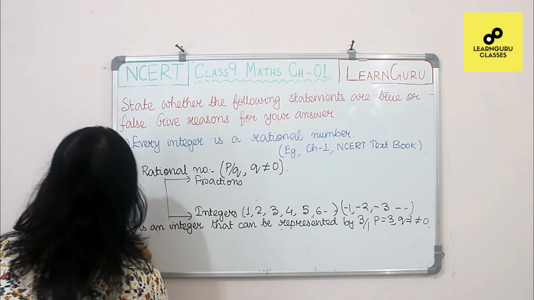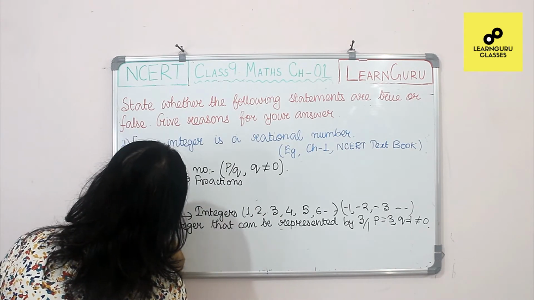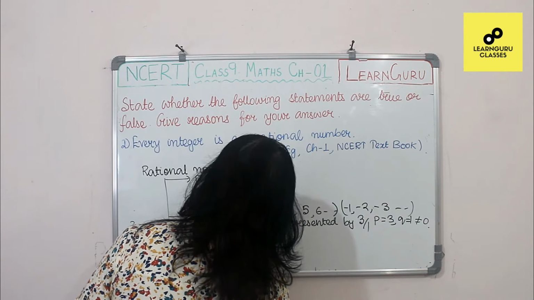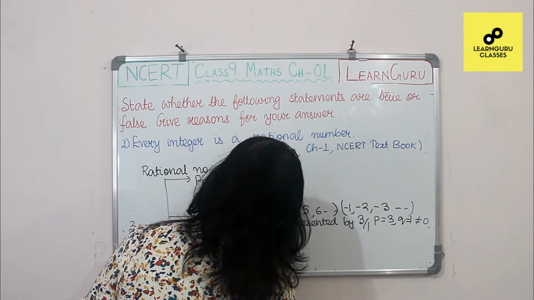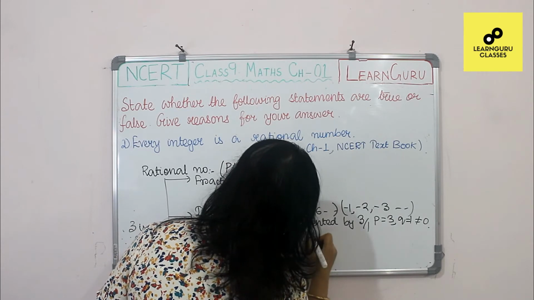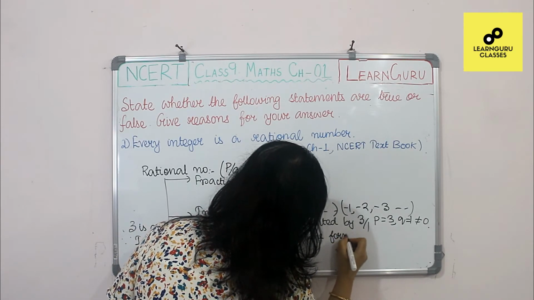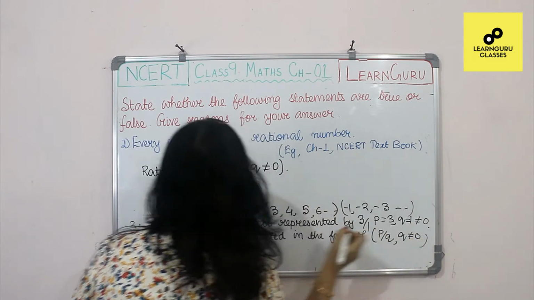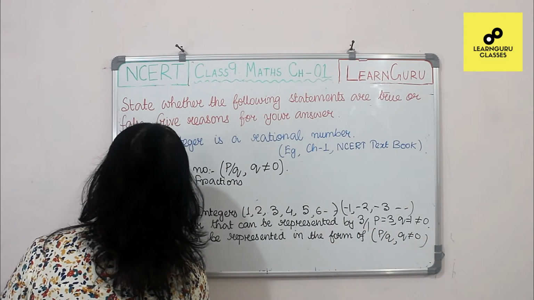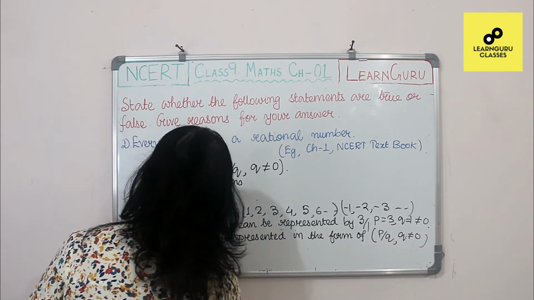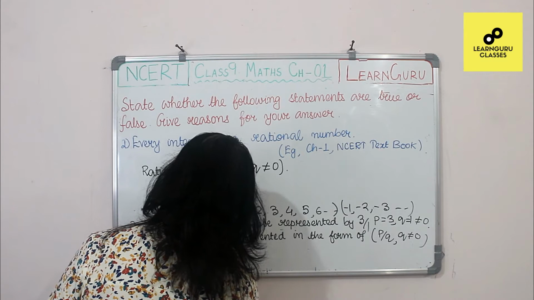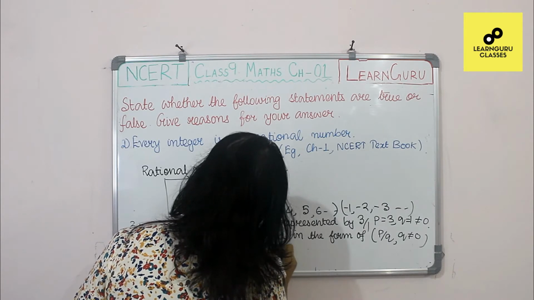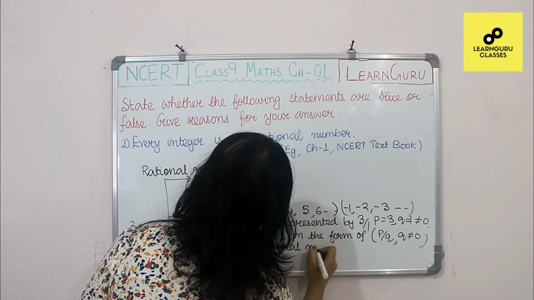So what can you write? Since integers can be represented in the form of p by q, where q is not equal to 0, therefore every integer is a rational number.